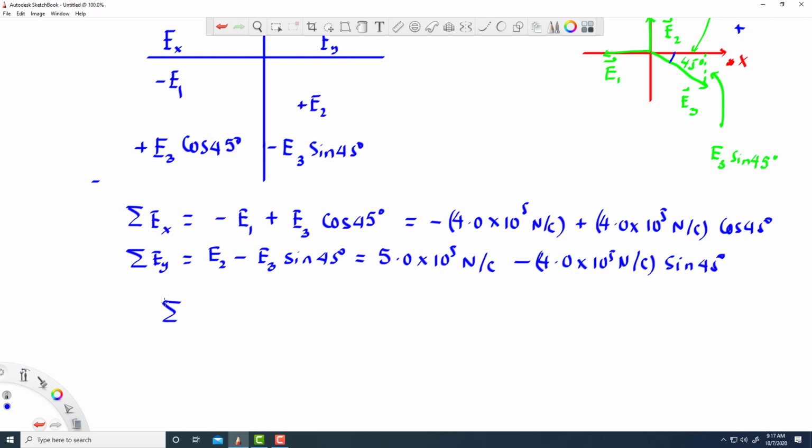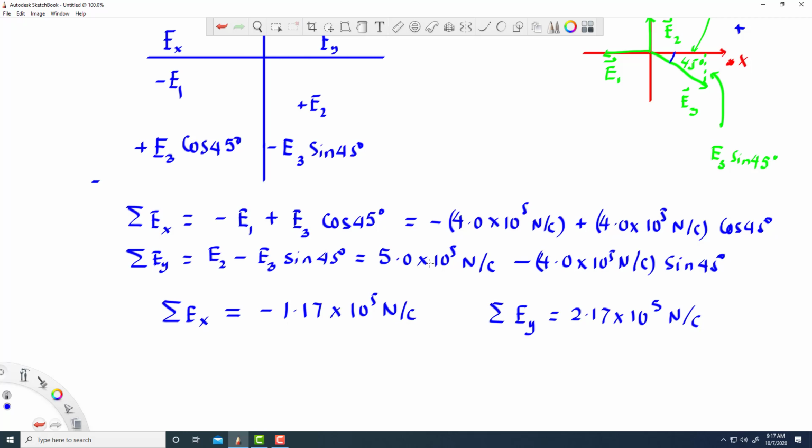So the sum of all the x components of electric field, if you do the calculation, is minus 1.17 times 10 to 5 Newton per Coulomb, and the sum of all the y components of electric field is 2.17 times 10 to 5 Newton per Coulomb. So those are the x and y components.